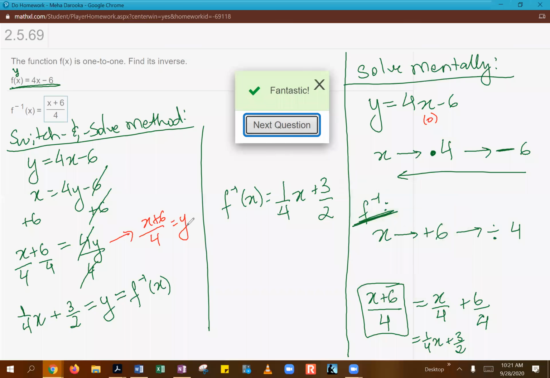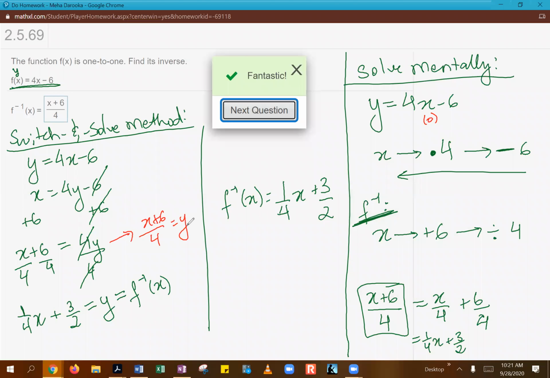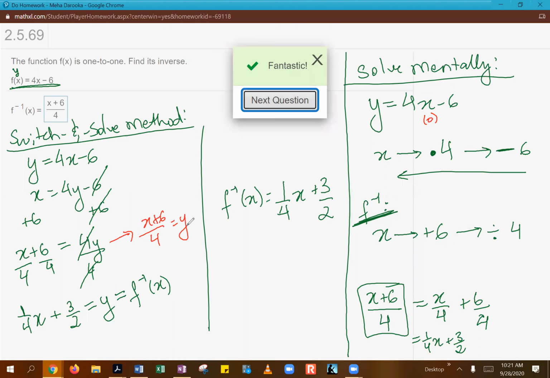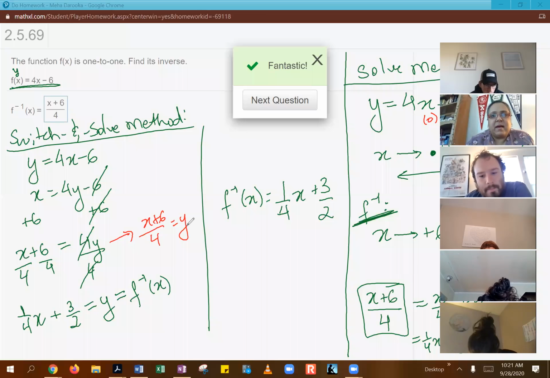Okay, so it looks like they don't really need you to separate your denominator in this case. They will accept a single denominator. Because with MyMathLab, it's always hard to tell which format they're going with. So you have the switch and solve method, and you have the solve mentally.